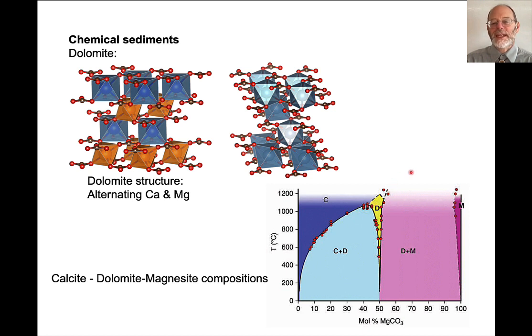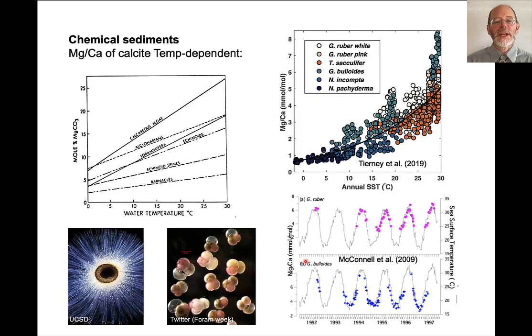Now, the data here don't even go up high enough in temperature to close out the solvus, but if you could go to high enough temperature without melting or decarbonating the carbonates, then this would close off at very, very high temperature. So what does this mean? This means that the magnesium content of calcite coexisting with dolomite can give us a temperature. To some degree, that's what people use in chemical sediments to determine temperatures.